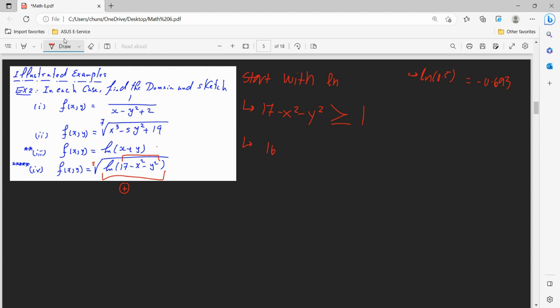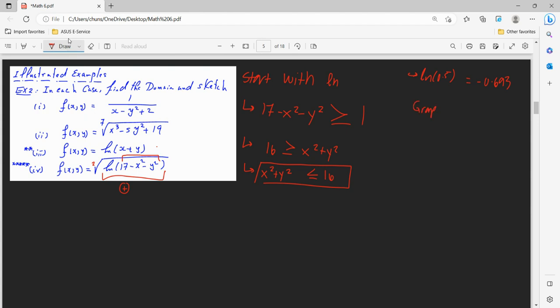Okay, so 16 is greater than x squared plus y squared. I'm just going to flip that around.